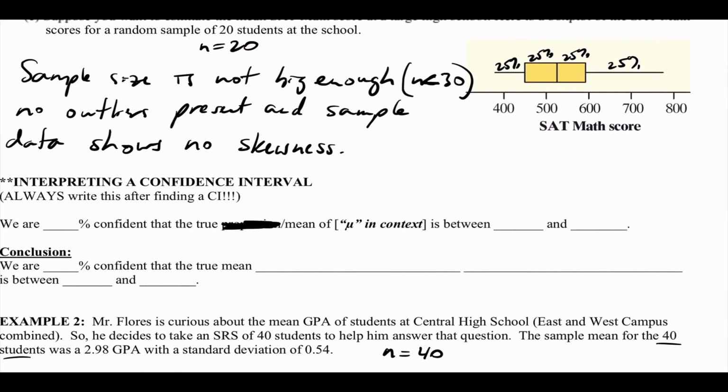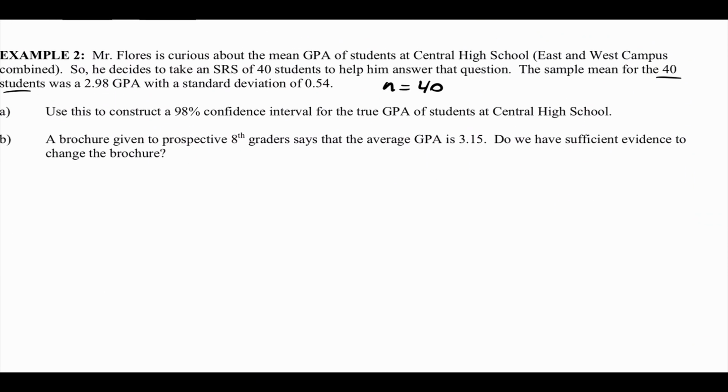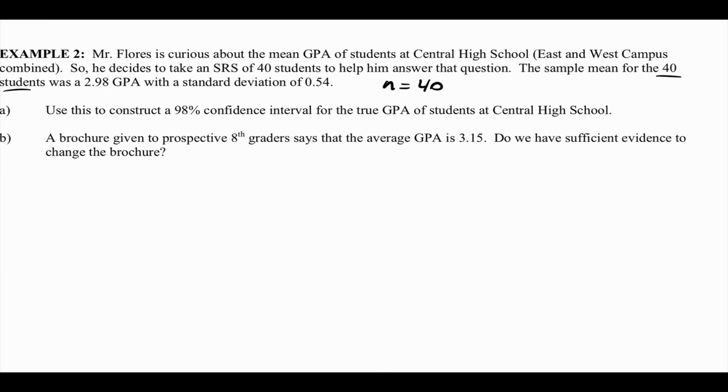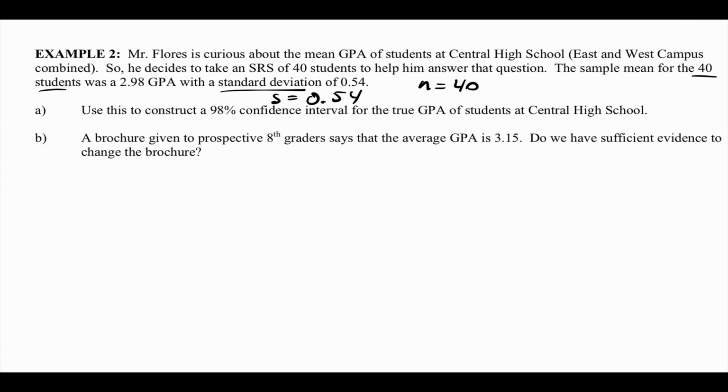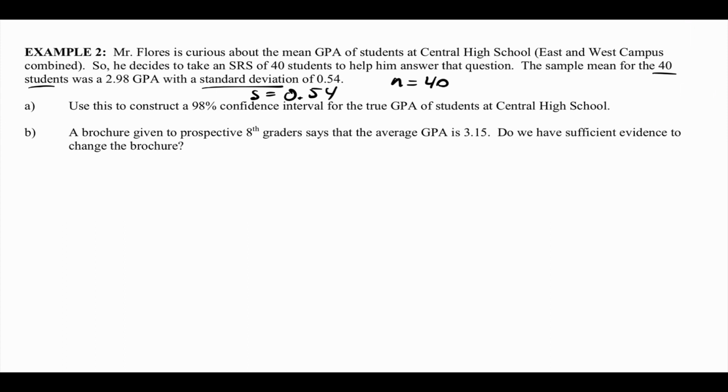I don't have any data about all the students. I only have data on the 40, right? So it says standard deviation, but that's not the population standard deviation. That's the sample, so we use lowercase s for the sample standard deviation.